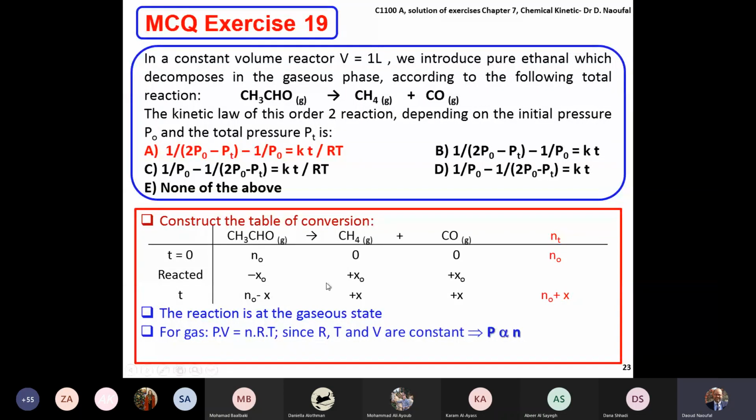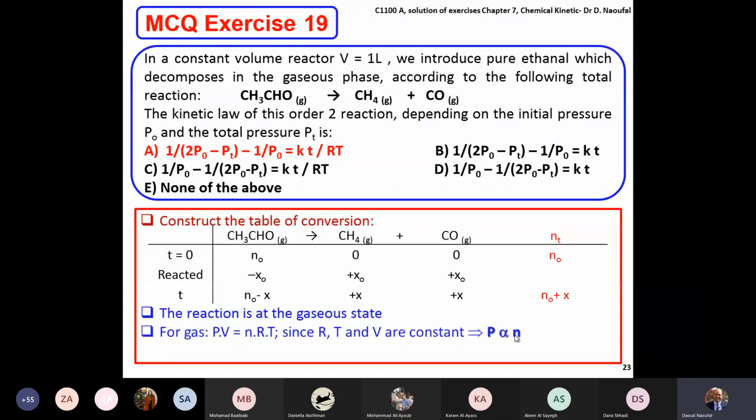So we can now transform the table of conversion from number of moles to the pressure, since the pressure is directly proportional to the number of moles in this problem. Why? Because the temperature and the volume are constant. As a conclusion, when you write the table of conversion, you write it as a function of the number of moles.